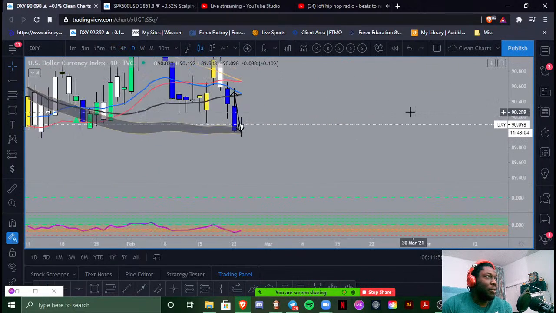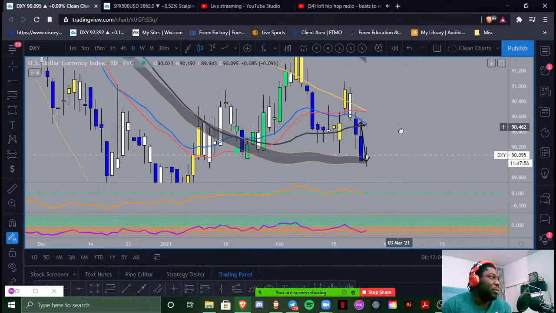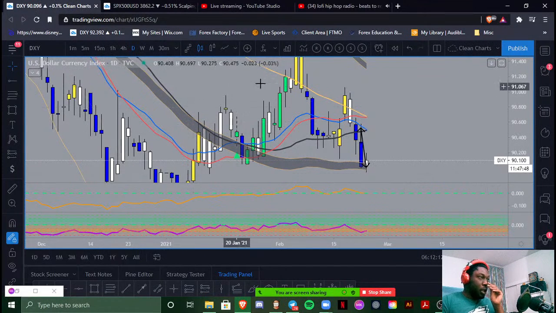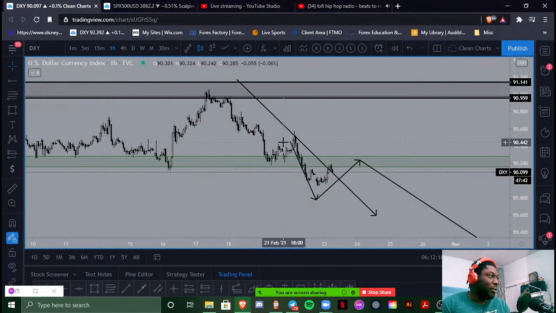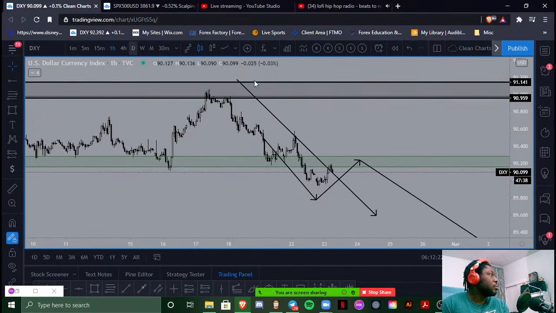And the daily time frame, if price goes any lower and this momentum line comes down here, then it's going to call for a sell on the daily time frame. So let's see what it does though, because like I said, price can literally hold right here and then push to the upside. So we really got to see what the DXY is going to do. But again, I don't think that it's going to rise. I think it's going to fall more than anything. So let's keep the same energy right there.